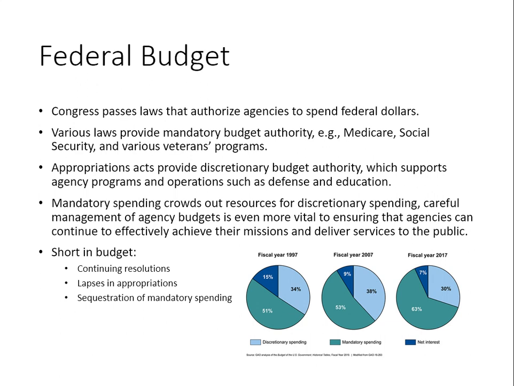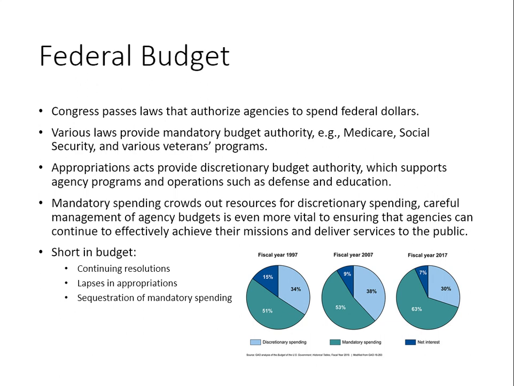The agencies can continue their operations if there are continuing resolutions, which temporarily give the budget from the previous year. Or there will be a lapse in appropriations, which means the agency is going to cease its government operations in an orderly fashion.